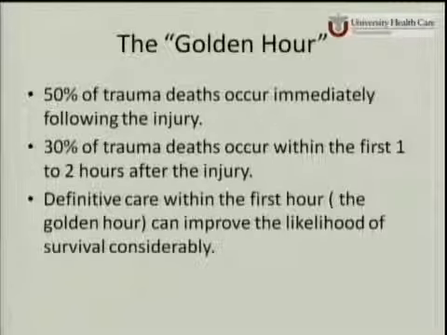Now, I realize that out in rural areas this can be very difficult. But the goal is to get them to the next level that we can as soon as possible. So we will begin the treatments for shock and the injuries there, and then our goal is to get them somewhere where definitive treatment can be given as soon as possible. So that's what I mean when I talk about the golden hour.